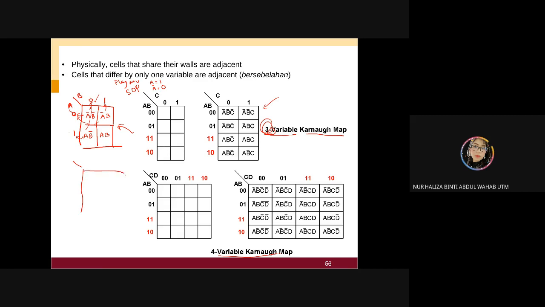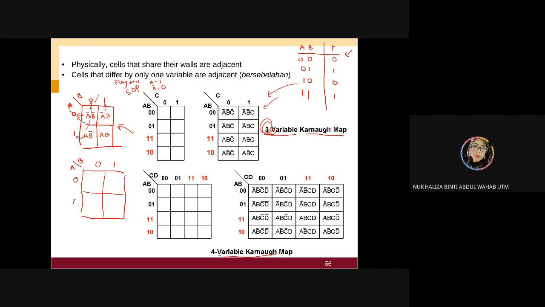I draw again because I want you to see the correlation: 0, 1, 0, 1, A, B. Let's say your input, I draw here the normal truth table, okay? 0, 0, 0, 1, 1, 0, 1, 1. A, B, F. 1, 1, let's say. Okay, I give you an example. This is your normal truth table.